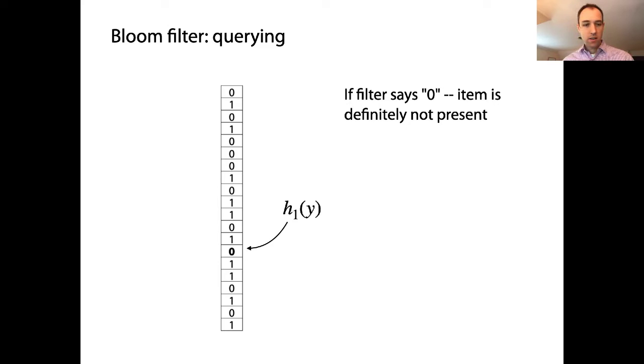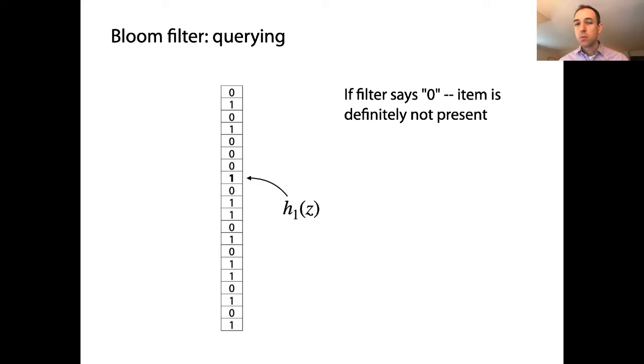Okay? But now let's say we're going to query a different key called z. And now the hash function sends us to an element that's already set to 1. So the question is, does this mean that z is one of the items that we inserted? And the answer, of course, is maybe. It's not necessarily yes.